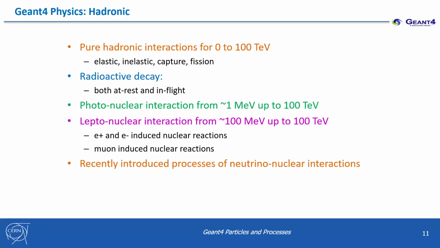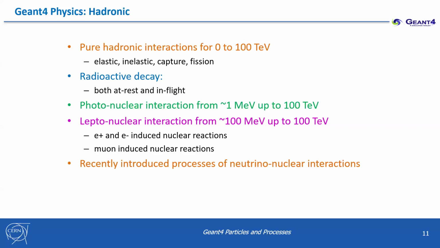Hadronic physics. Pure hadronic interactions in G4 are implemented in energy interval from 0 to 100 TeV. It includes elastic, inelastic, capture, fission processes. There is a radiative decay, both AtRest and in flight, which uses all known data of radiative transitions.